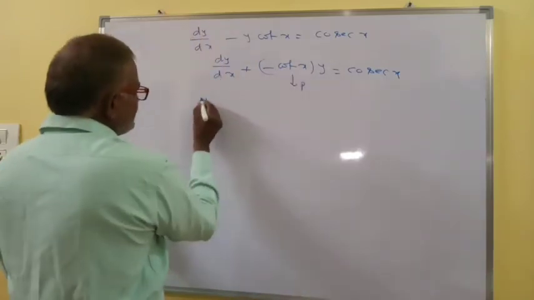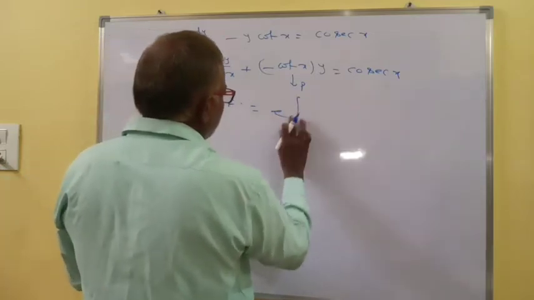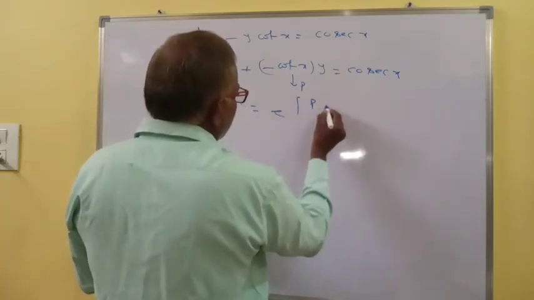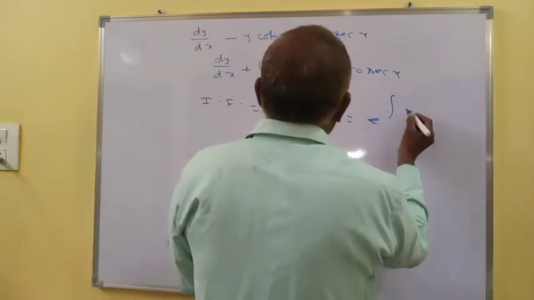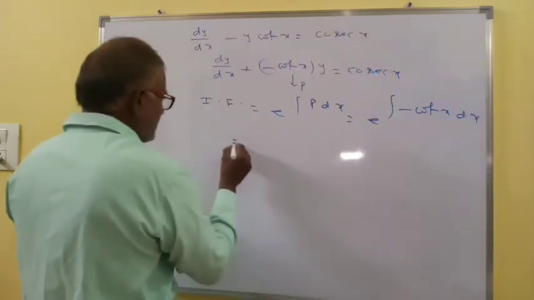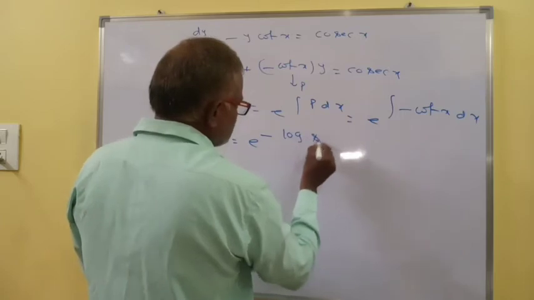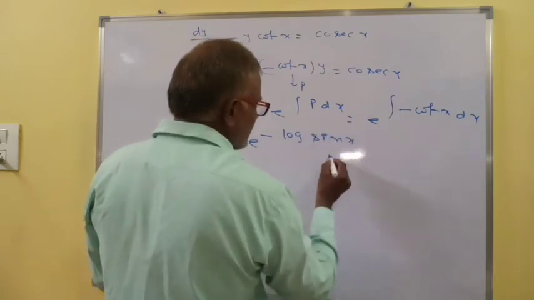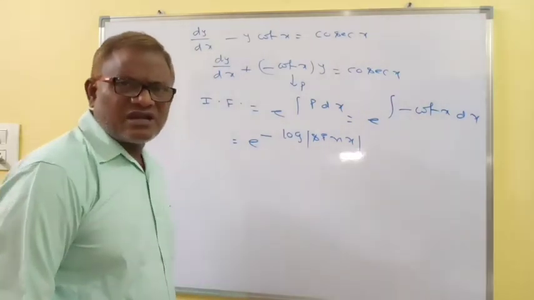So IF is e power integral P dx. That means e power integral minus cot x dx. That means e power minus log of sin x. Actually modulus, but in options modulus is not given.